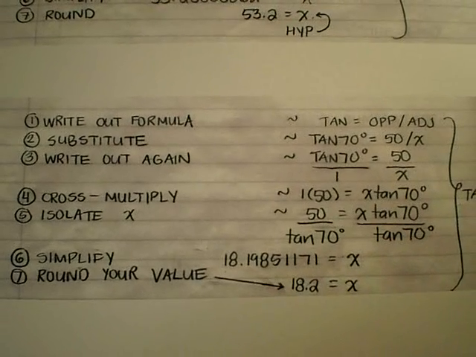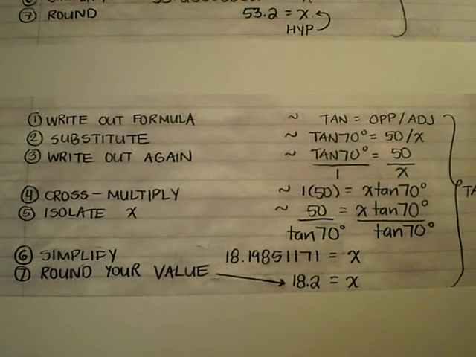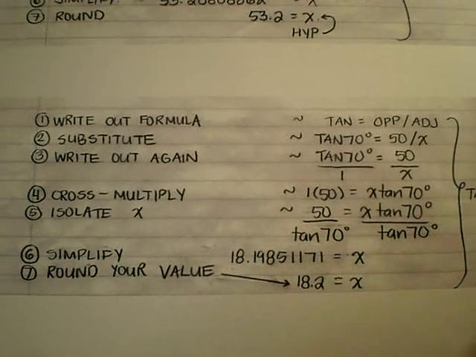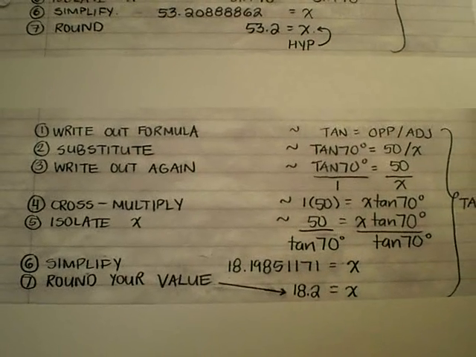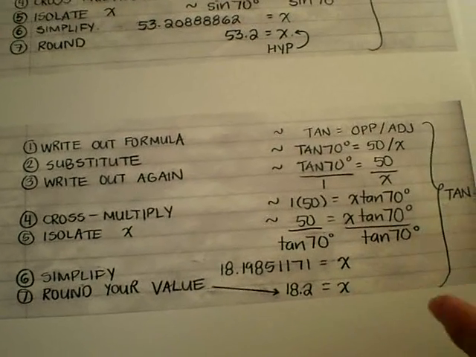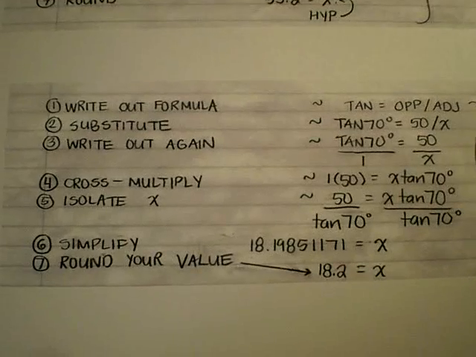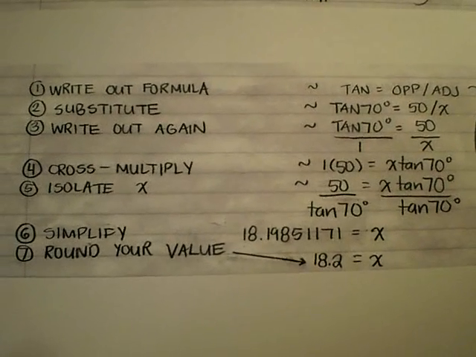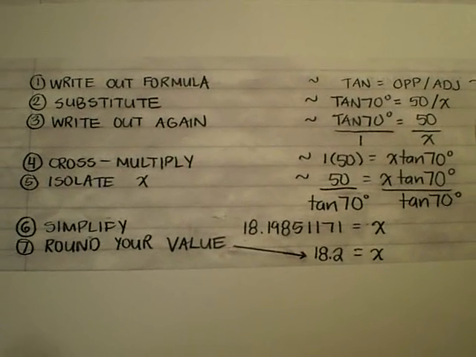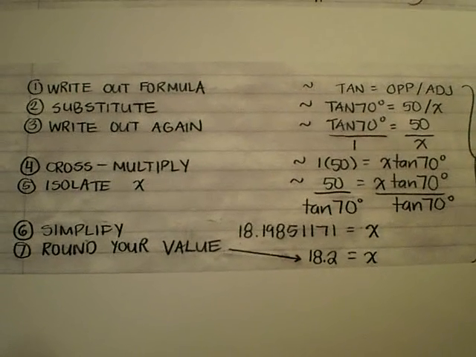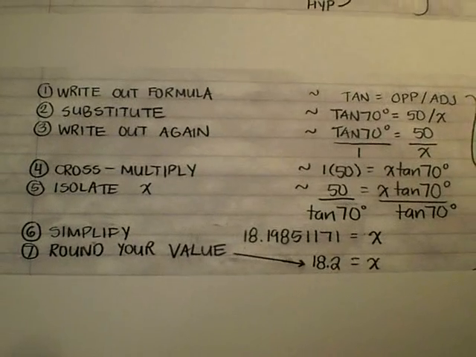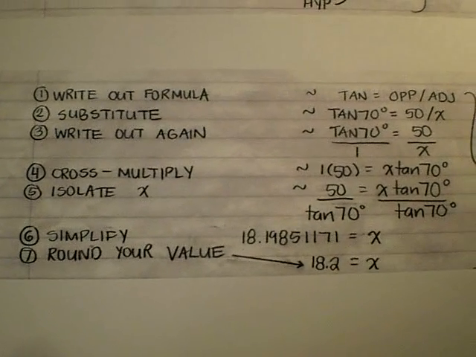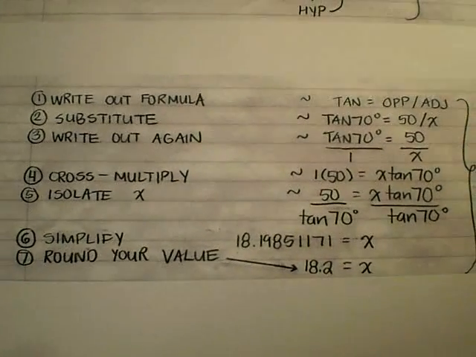You should use your calculator and you should get the answer of 18.1. After rounding, you should get around 18.2 as x. As you can see, in this case, using tan produced the adjacent side, while using sin up here produced the hypotenuse.